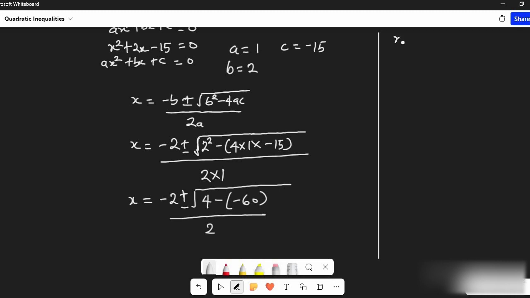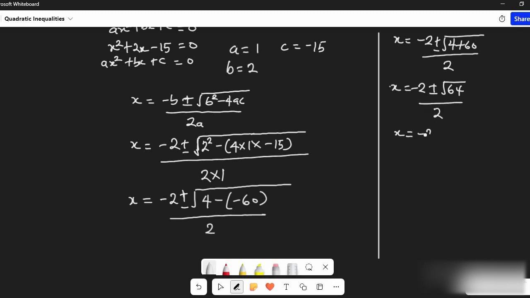So we have that x equals minus 2 plus or minus the square root of 4 plus 60, because minus times minus here becomes plus, so this is plus 60 over 2. And x equals minus 2 plus or minus the square root of 64, because 4 plus 60 is 64, over 2.